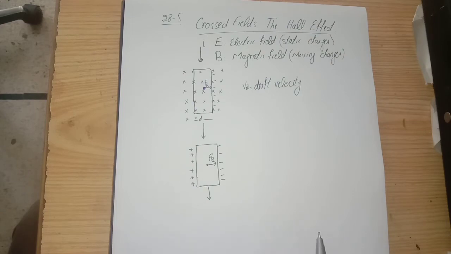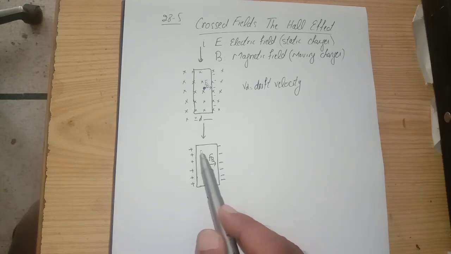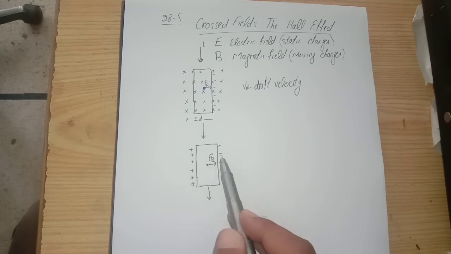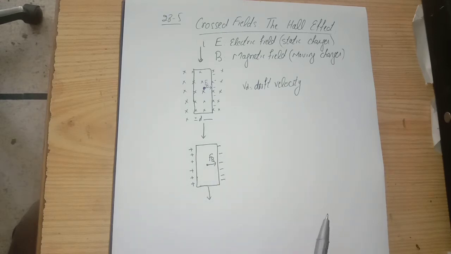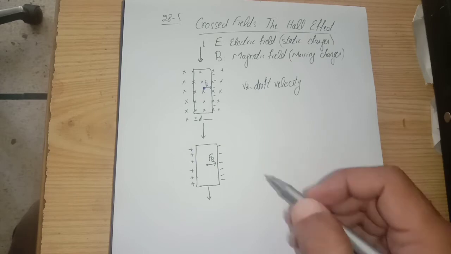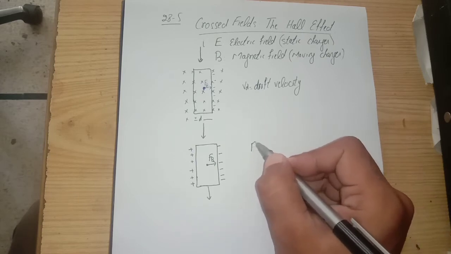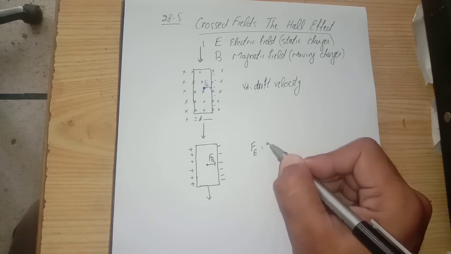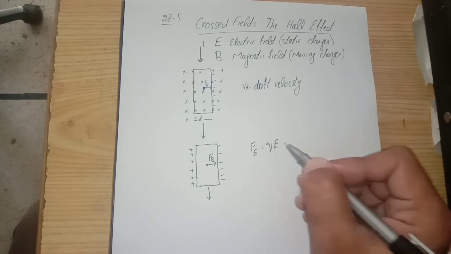So one can say that an electric field would be developed between these charges at the ends of this strip, and we know that the force due to the electric field is known as electric force, and it is equal to charge times the electric field.